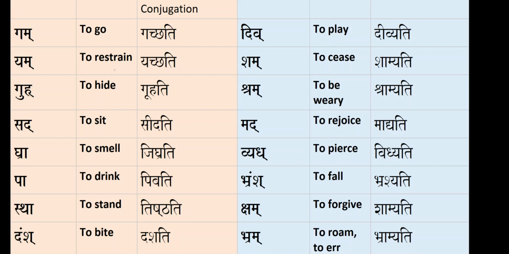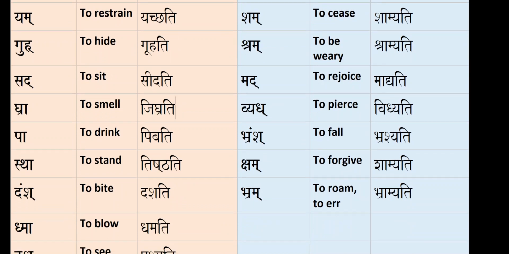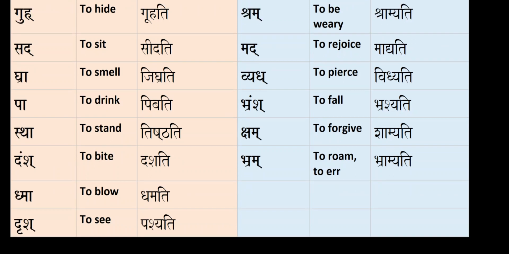That ends up being yachati. He, she, or it restrains. Then you have guh, to hide. That becomes guhati. He, she, or it hides. Sad, to sit. That becomes sidati. He, she, or it sits.